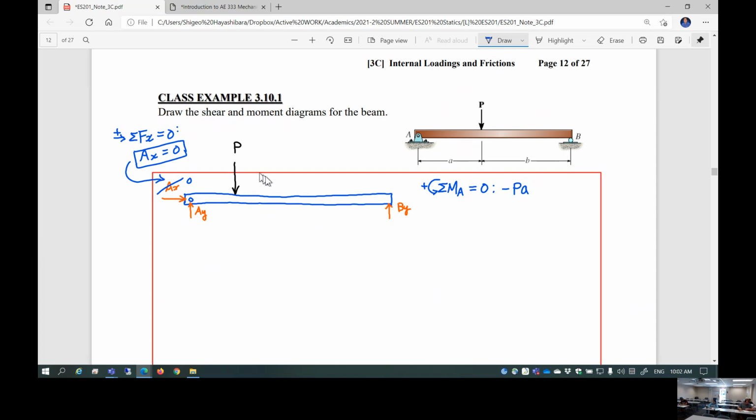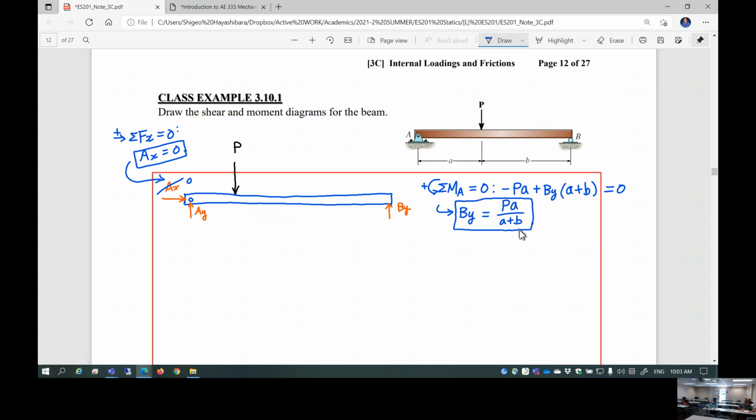And this BY support reaction creates a positive moment, BY times moment arm A plus B, set equal to 0. This gives you BY equals P times A divided by A plus B. So this is support reaction BY represented by external loading P and distances A and B.